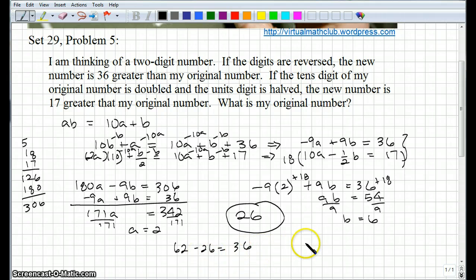And if I double the tens digit and halve the units digit, I get 43, and if I subtract 26 from 43, I do get 17. So it checks out too. It's always a good idea to check your answer if you can. So the answer is 26.